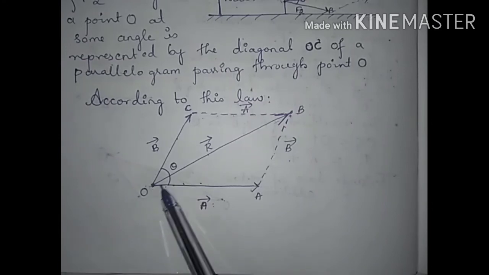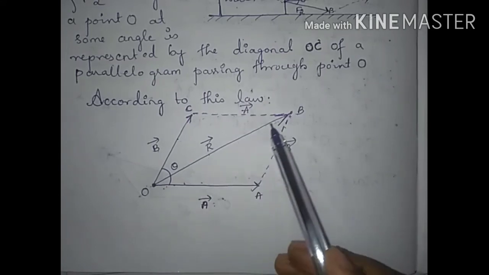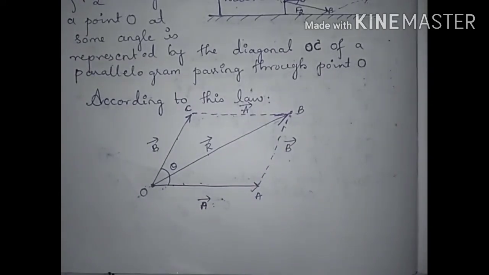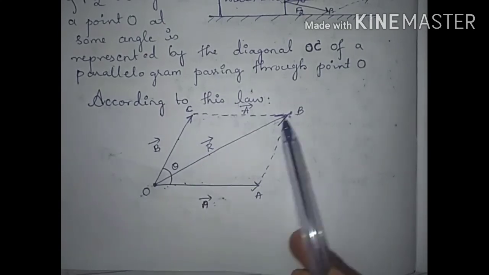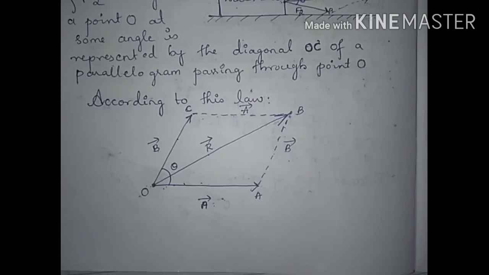So to find this resultant vector, what we have done is we have considered this triangle. So one part of the parallelogram is taken as a triangle. So earlier we have learned the triangle law of vector addition. Using that, if you apply that law here, then you can find R. So R will be what? OA plus AB.